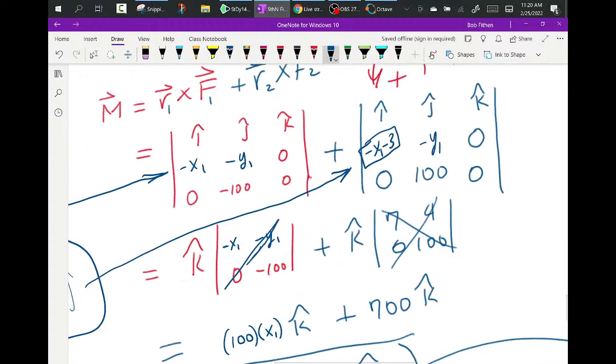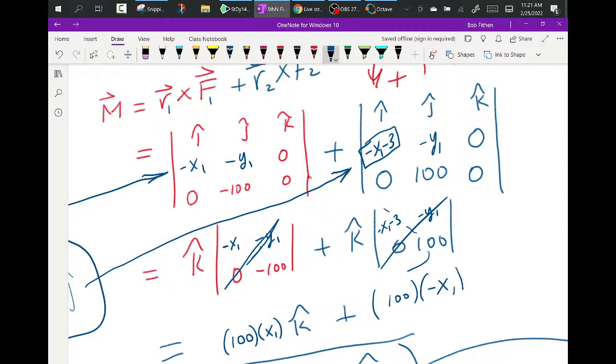Now I've got to go in here and do minus x1 minus 3 minus y1. Guess what? The y doesn't matter. So what you get out of here is this one times that one. 100. I'll carry it as a 100. And then I'll carry it as a minus x1.